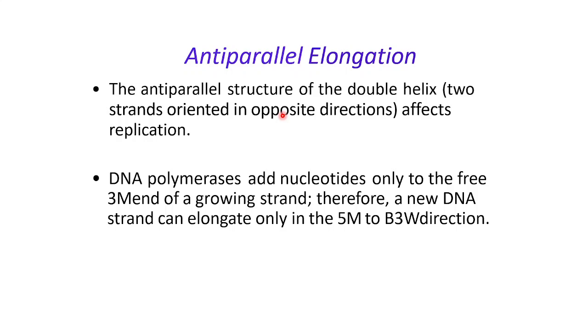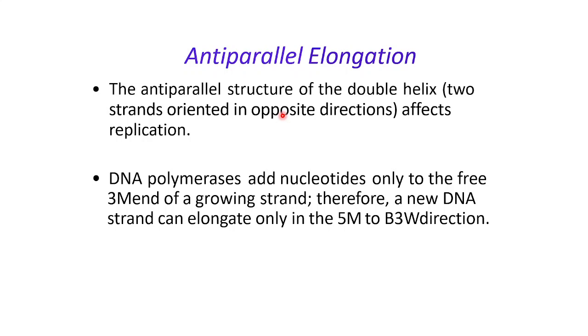So what happens? There is an anti-parallel elongation that also occurs. Why? What do I mean by an anti-parallel elongation? You have two strands of DNA, a 5' to 3' and a 3' to 5'.